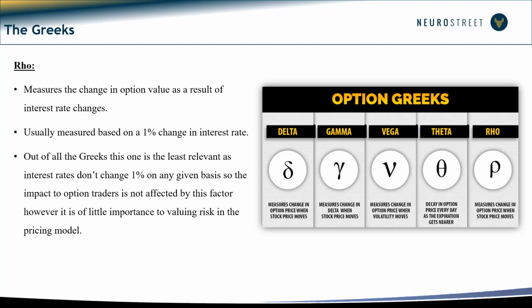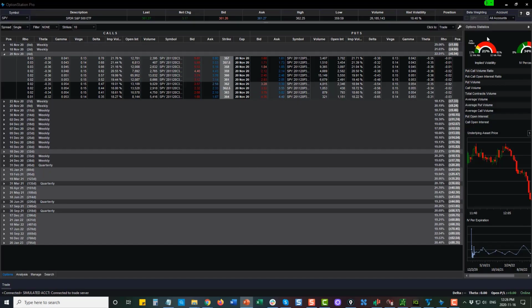They're trying to make it pretty exciting for people to spend money. Out of all the Greeks, this is one of the least relevant, as interest rates don't change that much. It is of little importance to valuing risk in the pricing model, so we're not going to focus too much on it. It's not a big deal, so to speak, right?